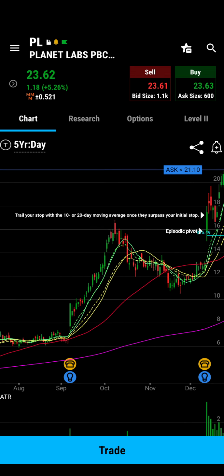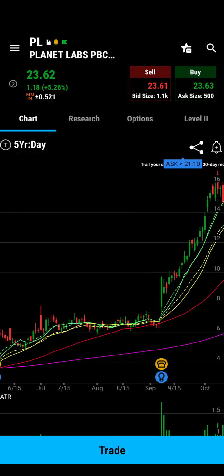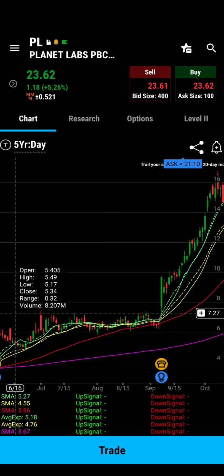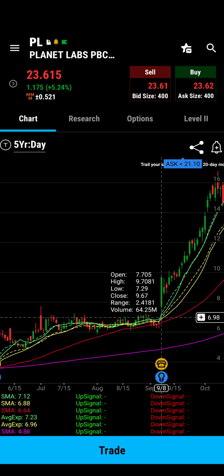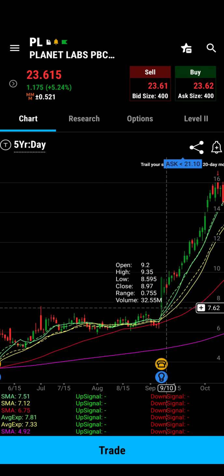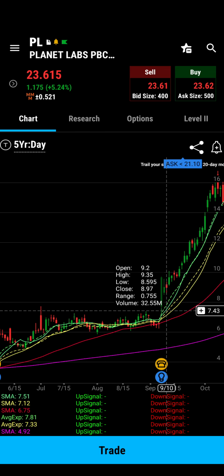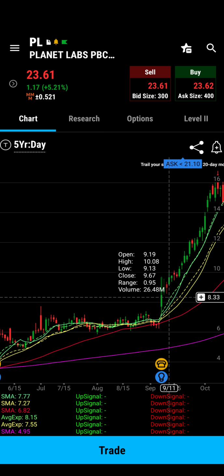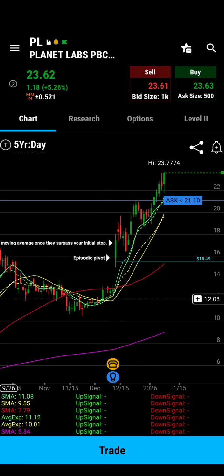One other thing I'd like to mention about this episodic pivot: when those occur, it is defined as a turn in price. You can see that price was basically flat around the $7.30 level, and when price opened after the report here, it opened above that level, above that resistance, so it had room to run, okay. Same thing happened over here.